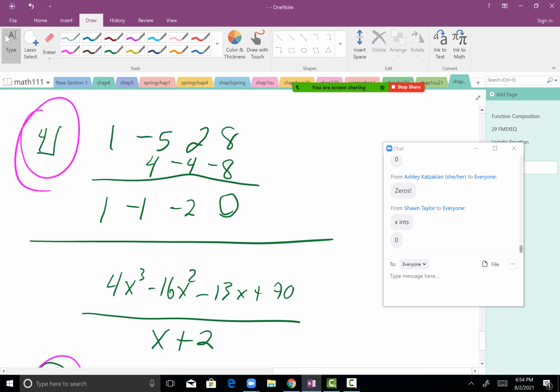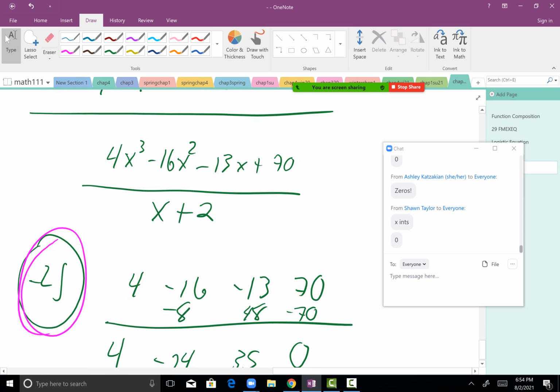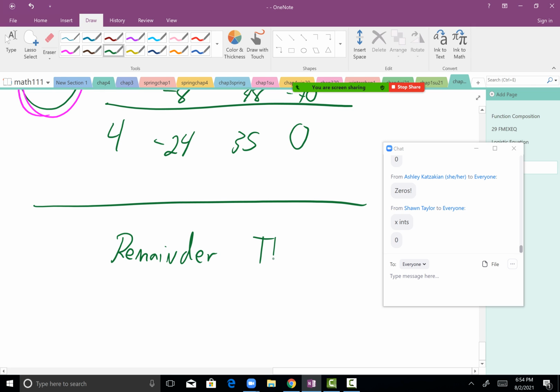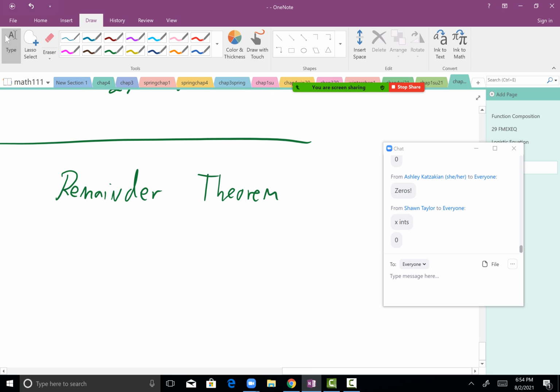0. Okay. So there's something in this 3.2 that's called the remainder theorem. And here's what it basically says. Now there's two parts to it. Okay.